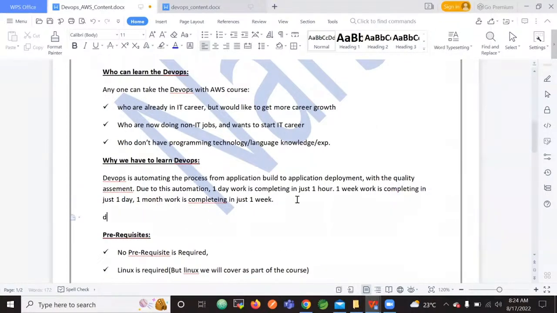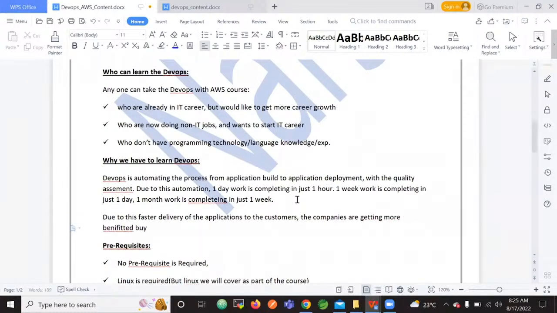Due to this faster delivery of applications to customers, the companies are getting more benefited by taking more work and making the company more revenue.